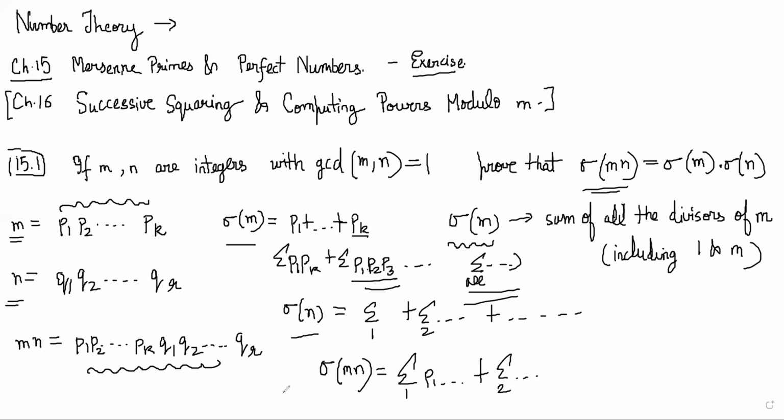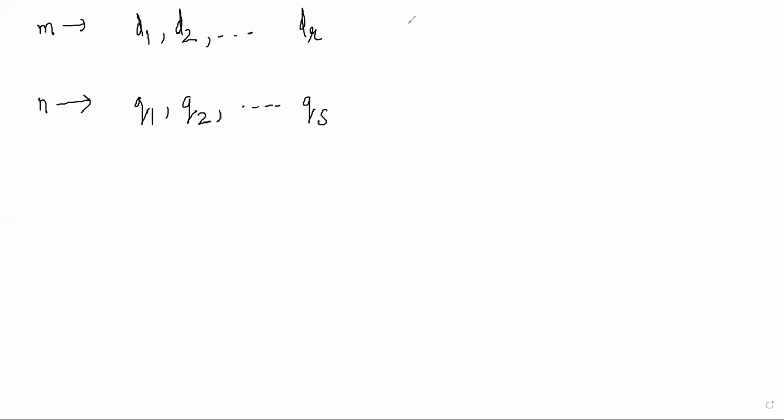Rather, what I will do is I will say let m have divisors d1, d2 till dr. And let n have divisors q1, q2 till qs. These are not prime numbers, these are actual divisors.